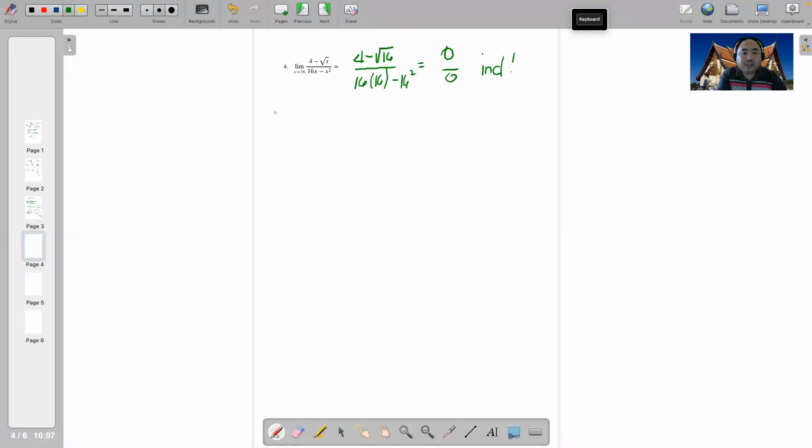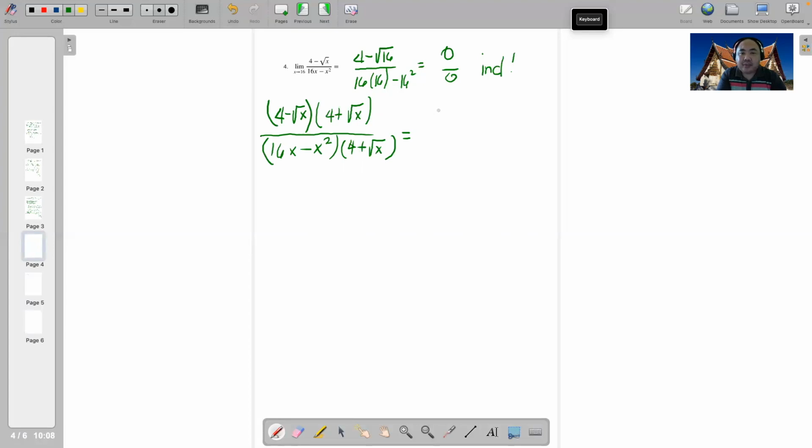Okay, so let's give it a try. 4 minus square root of x times 4 plus square root of x divided by 16x minus x squared, and multiply that by 4 plus square root x. Again, when we did this, we did not change the original function, because we just multiplied it with 1. But look at what could happen.